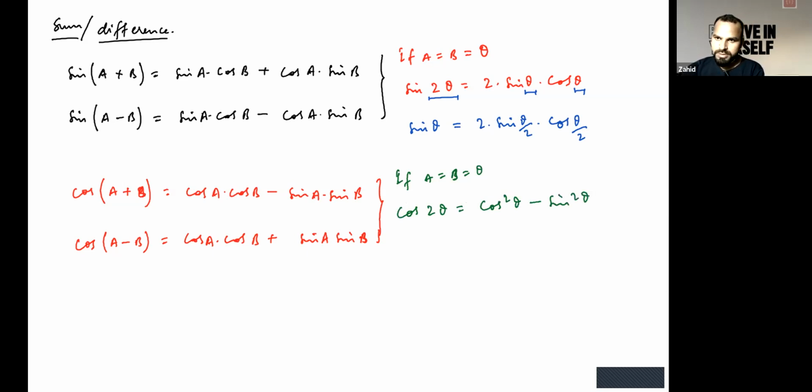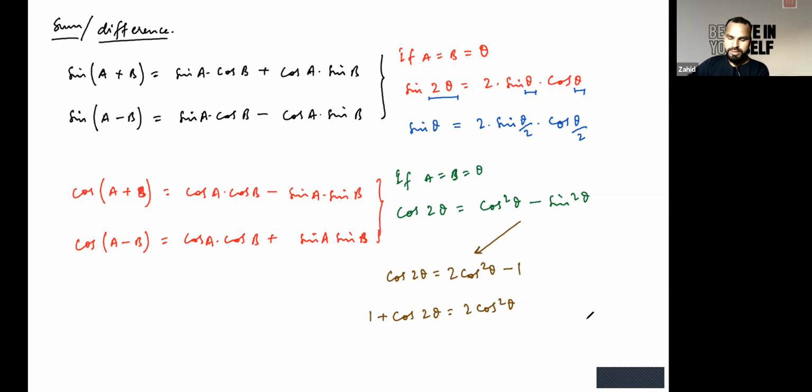Now, if you break this particular term into two parts containing only sine or only cos, it will give you cos 2 theta equals 2 times cos square theta minus 1. Or if you move this 1 to the other side, you will get 1 plus cos 2 theta equals 2 times cos square theta.